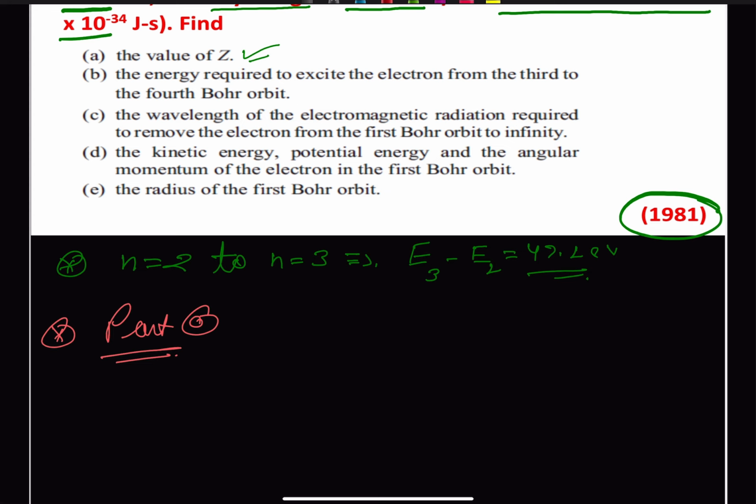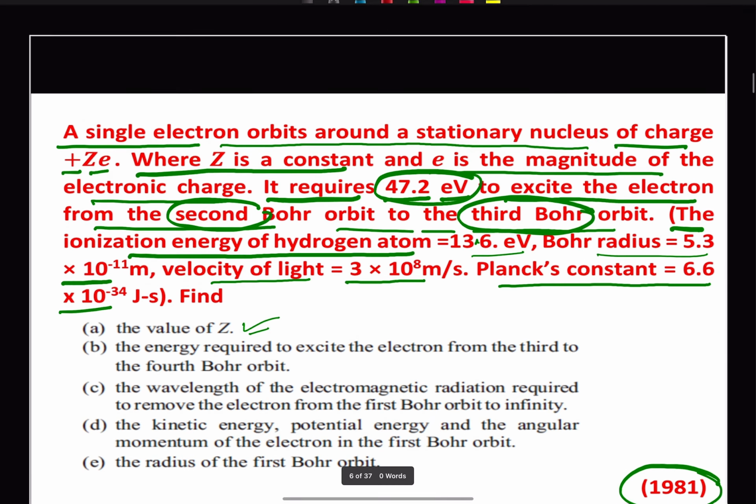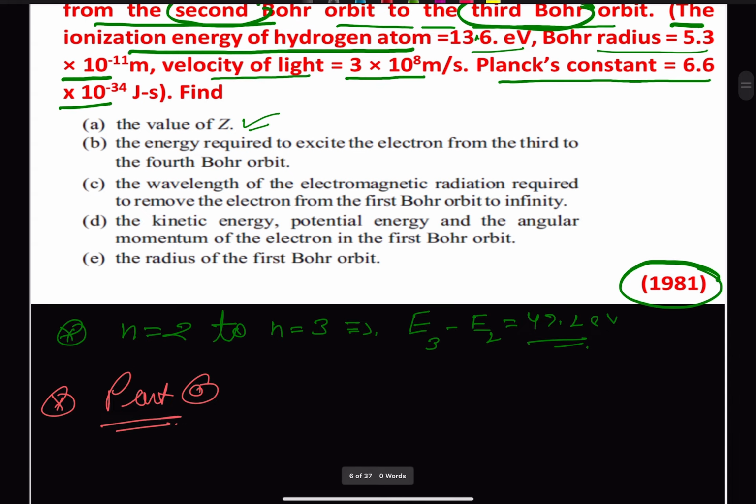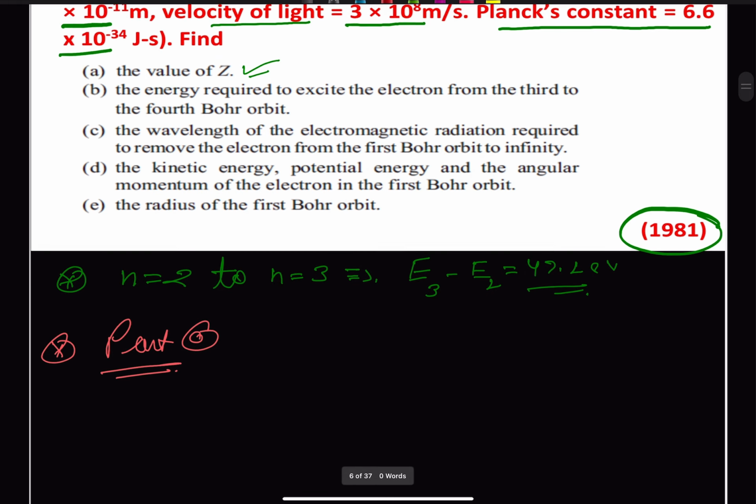And we know that in a hydrogen-like atom, we can write when the nuclear charge is given as Z multiplied by e.